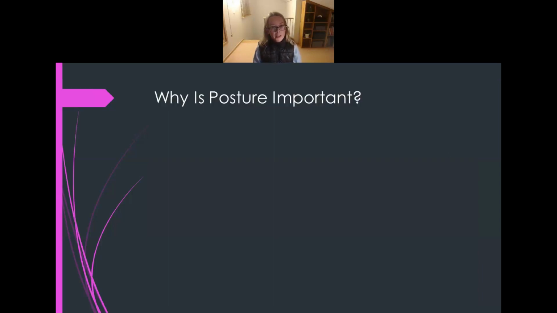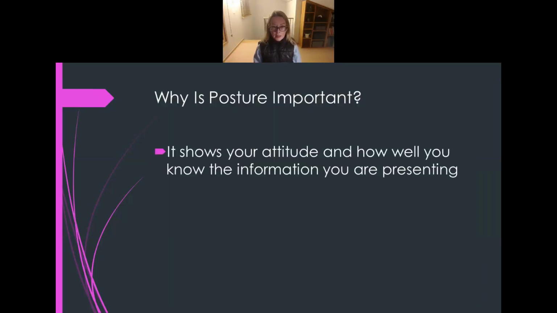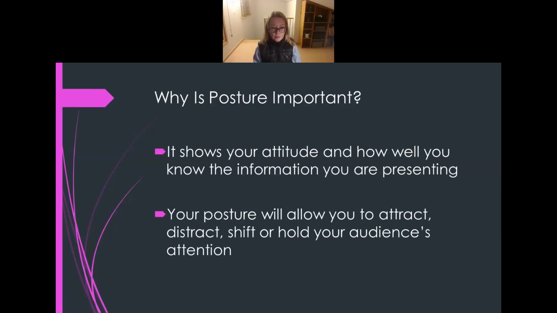So why is posture important? It shows your attitude and how well you know the information you are presenting. Your posture will allow you to attract, distract, shift, or hold your audience's attention.